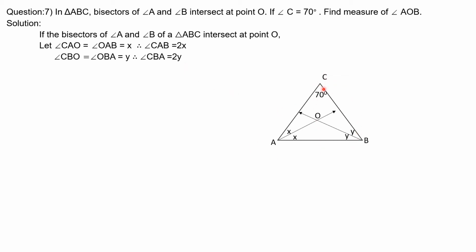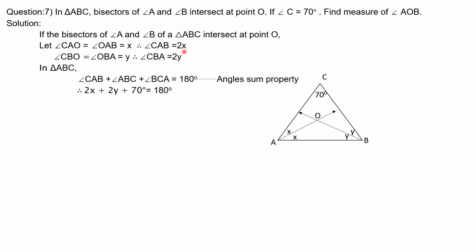Here we see angle C is 70 degrees, angle A is 2x and angle B is 2y. Now we are using the angle sum property. So in triangle ABC, angle CAB plus angle ABC plus angle BCA is equal to 180 degrees, angle sum property of a triangle. Now we substitute the measures.